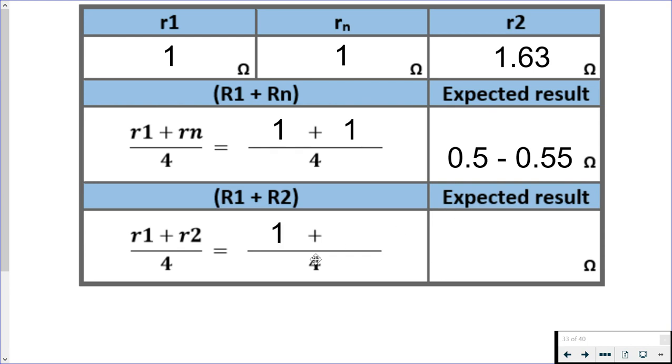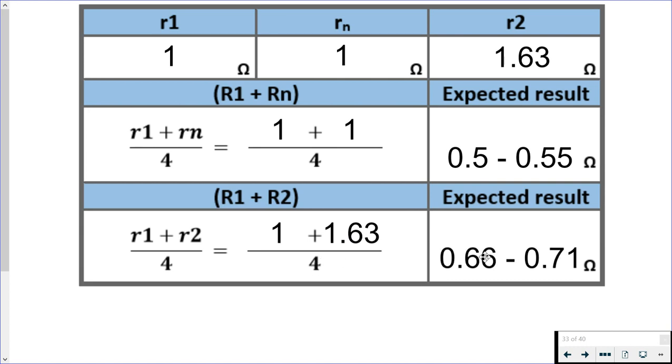And then we repeat that process to work out our stage 3 expected values. So we take our little r1 value, and this time we take our little r2 value of 1.63, and that gives us 1.1 plus 1.63, so that gives us 2.63 at the top there, and then we divide it by 4.